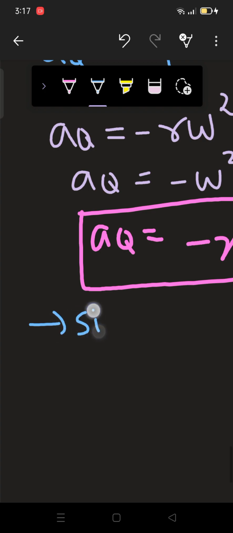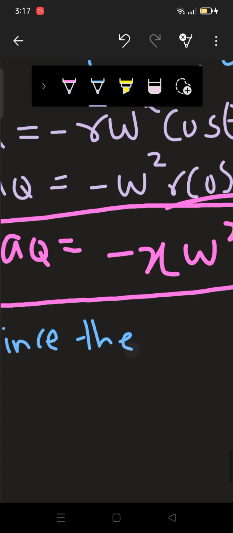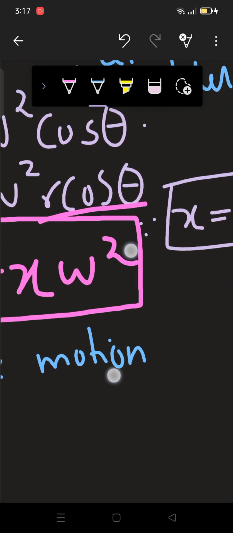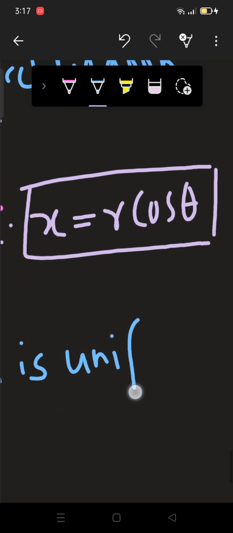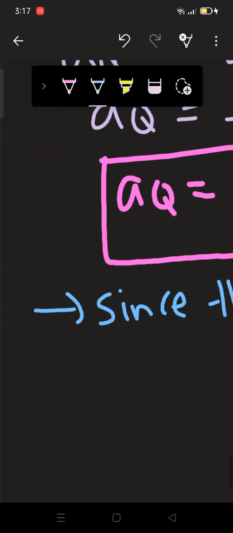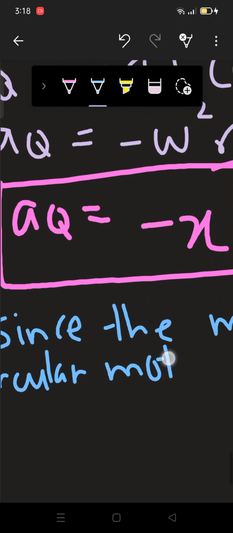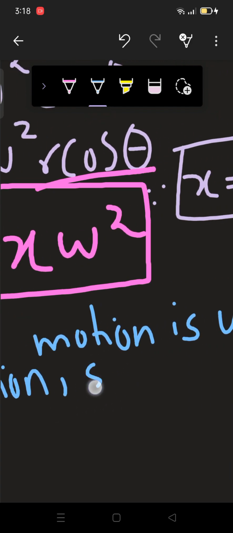So since the motion is uniform circular motion, omega is constant.